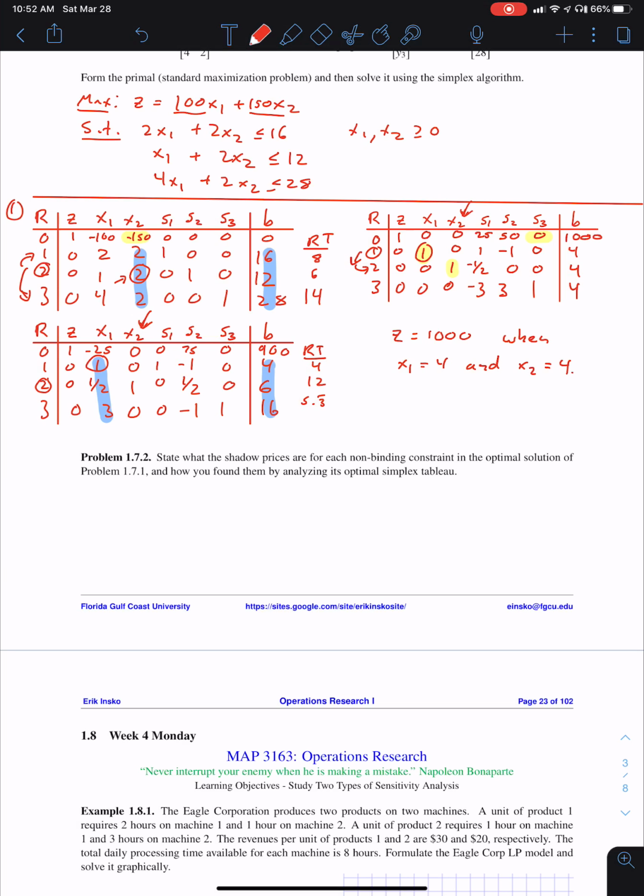So we're going to write constraint 3 as the non-binding, and it's going to be 0.